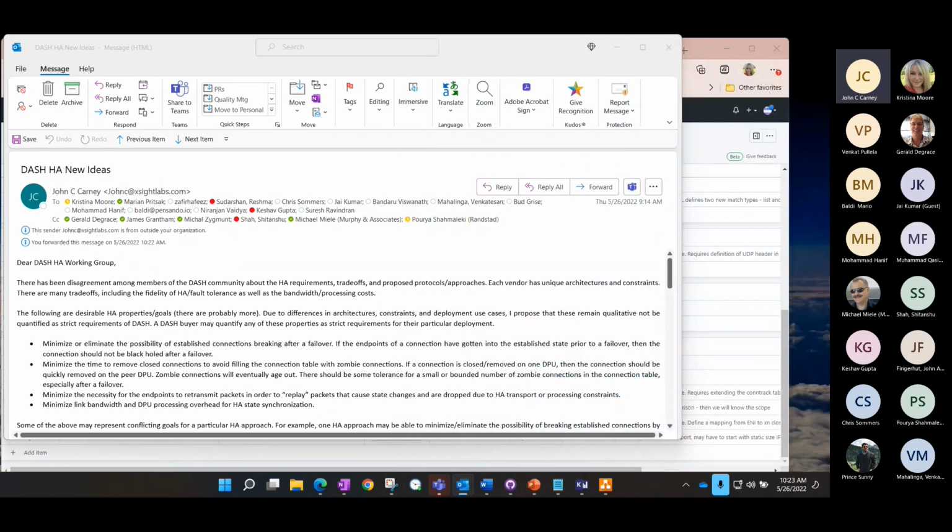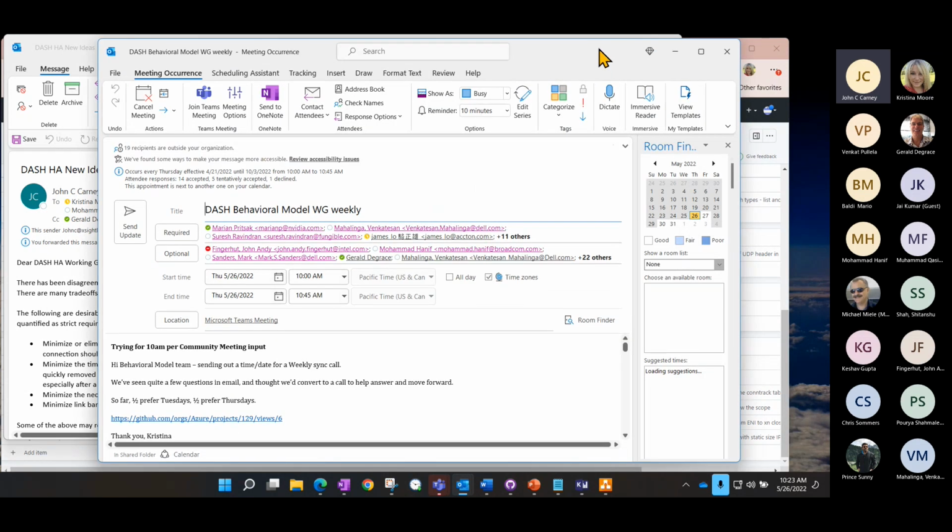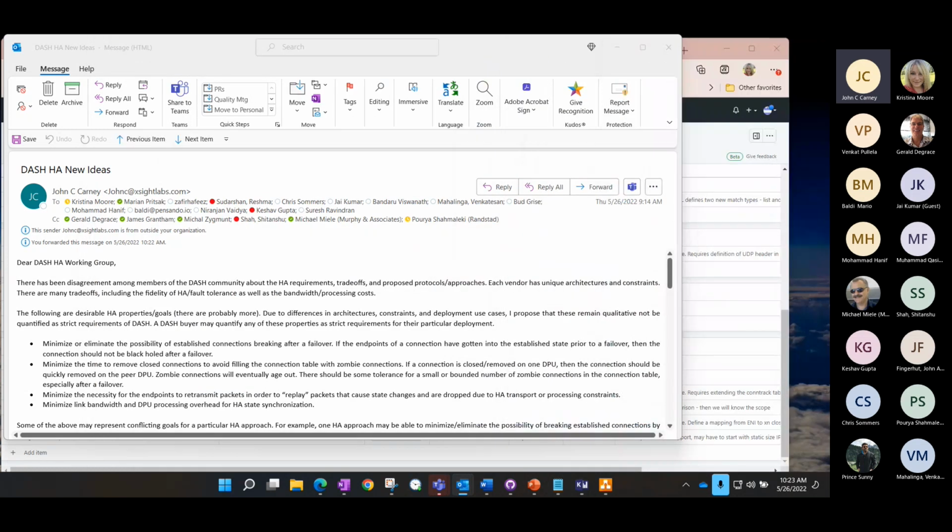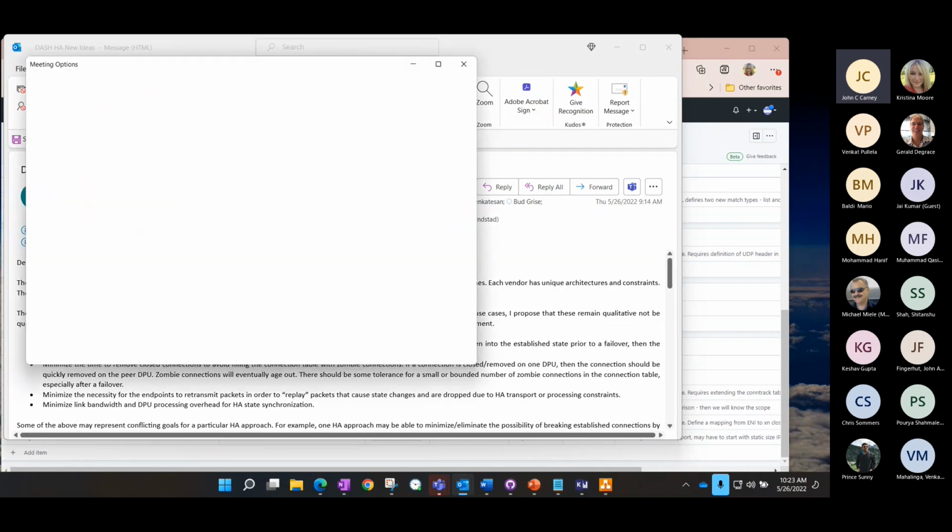I've spent some time on Azure, and I've been doing some testing to really see what the behavior is of the network security groups and stateful connection tracking, what's being done today on Azure.